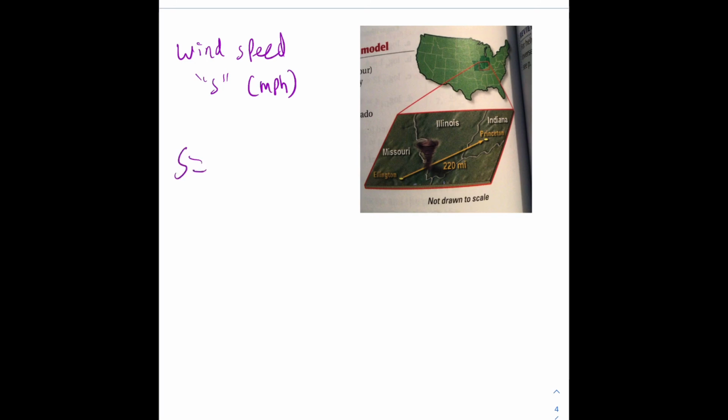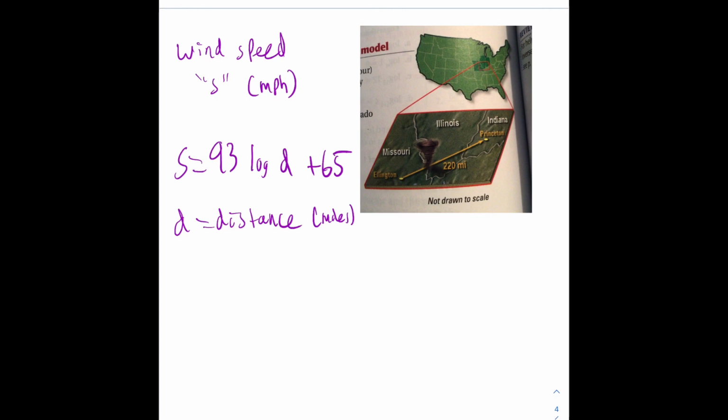It can be modeled by S equals 93 log D plus 65, where D is distance in miles that the tornado travels. In 1925, a tornado traveled 220 miles through 3 states, Missouri, Illinois, and Indiana. Estimate the wind speed near the tornado's center.